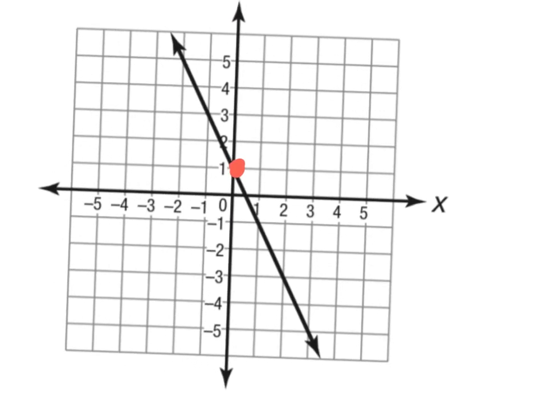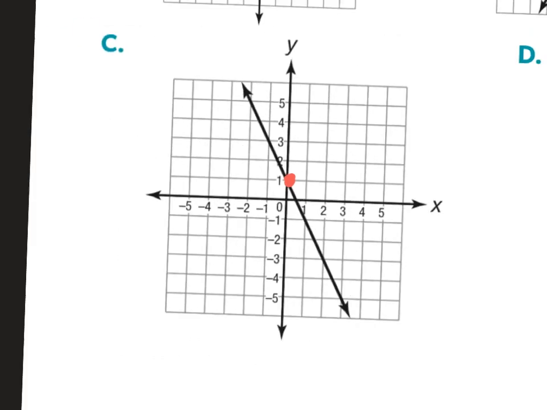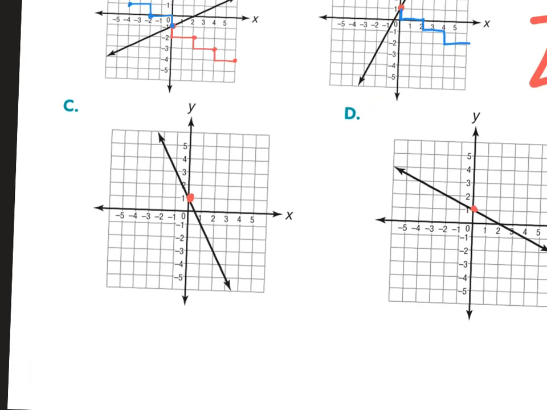Now, we're left with C and D at this point. And they're pretty close, and they try to trick you here, because C and D are like backwards, right? C and D have opposite rates of change. One is 1 over 2, and the other one's 2 over 1, right? Because if you look, they're both negative rates of change because the line goes down and to the right. So they're both negative.